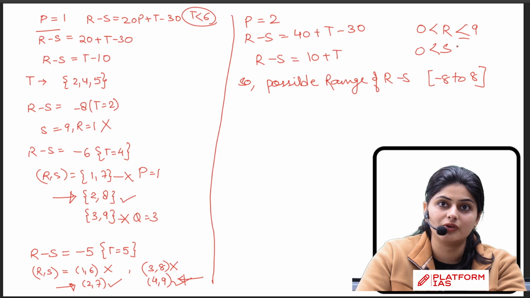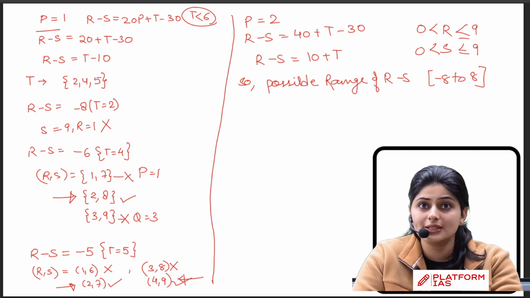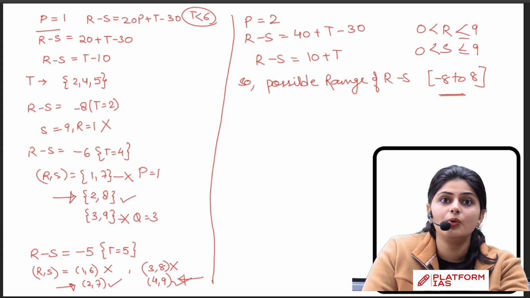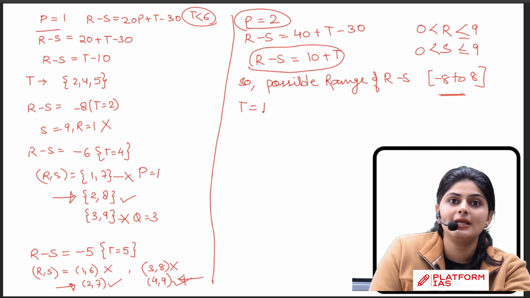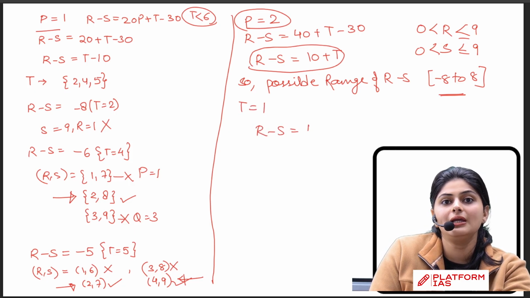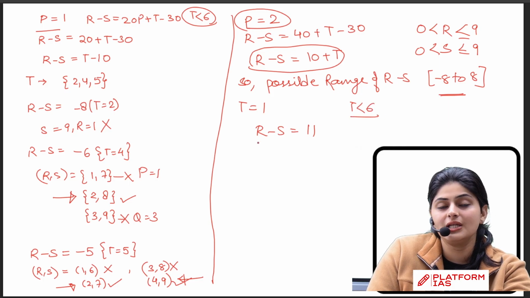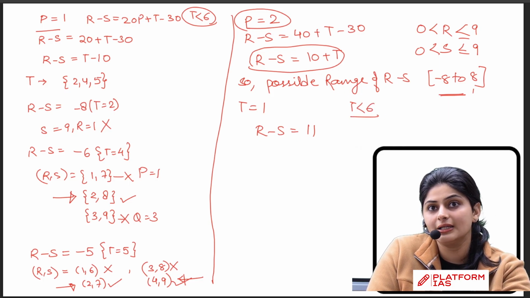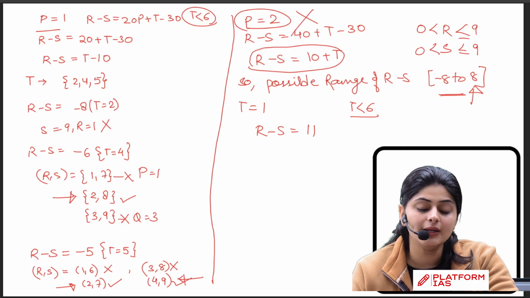Same is the case for s, because they are the digits of the number, but they are distinct. So this is the possible range of r minus s. Now for p equal to 2, you can see that this range is exceeding. If we take t as 1, r minus s will be 11, and t is less than 6. For all the values of t, r minus s would be greater than the possible range. So p equal to 2 will not give me the answer.